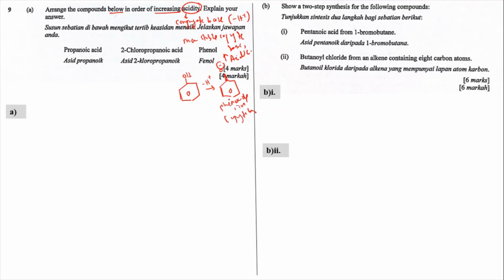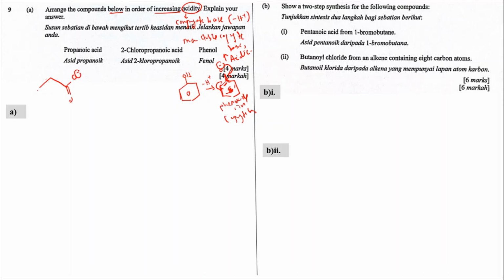For the phenoxide ion, the negative charge is delocalized inside the benzene ring, which involves carbon and carbon atoms. Meanwhile, propanoic acid will consist of 3 carbons, and it's going to involve the carboxylate ion.